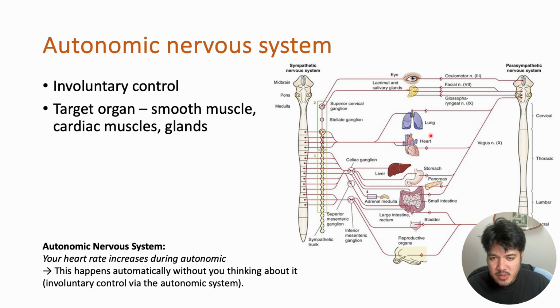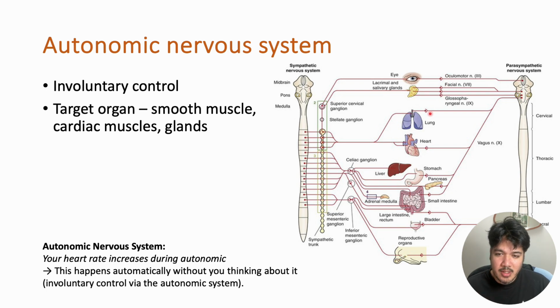The sympathetic nervous system and the parasympathetic nervous system both have control over several organs, so they have a shared control over several organs in the body. But as we start to talk about these organs, you will find that the sympathetic and the parasympathetic nervous system both have very different roles over these organs.